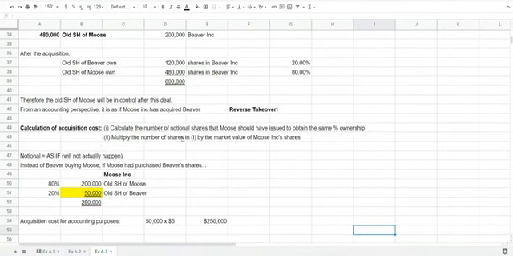Notional is make believe, not actually to be done. Moose is not actually issuing these shares. It's the number of shares that Moose will have issued to get the same outcome. Once you've got the number of shares, multiply them by the market price of Moose's shares at that date. $5 in this case, that's 250,000.